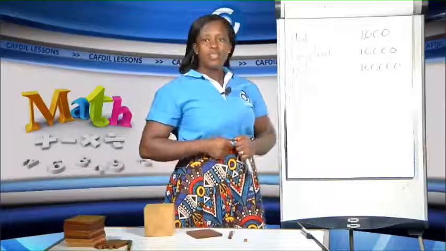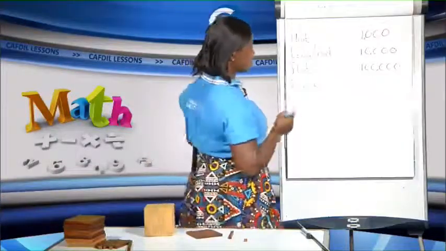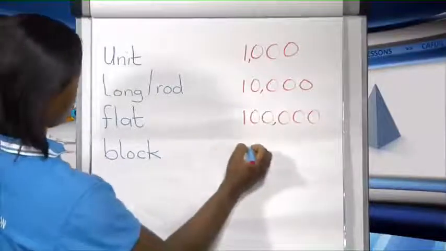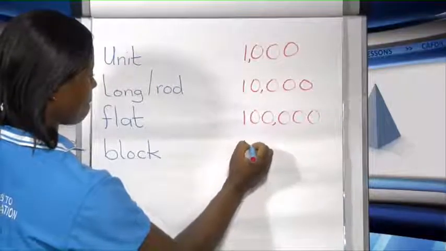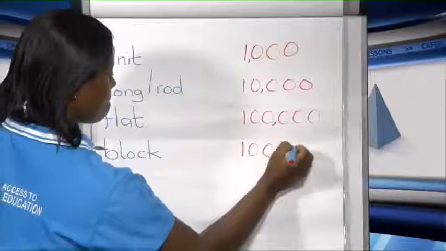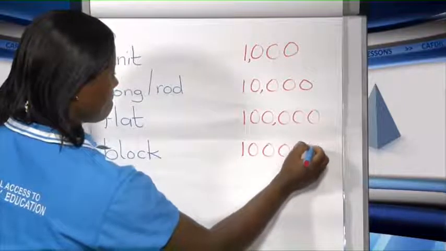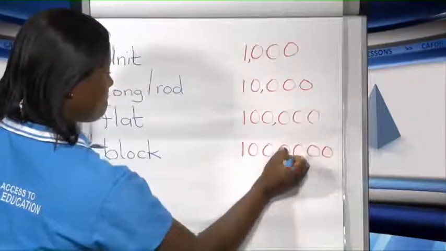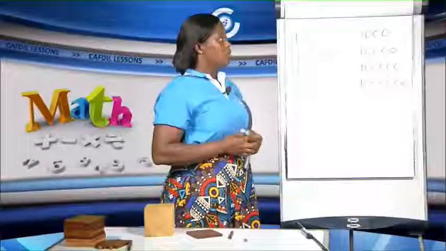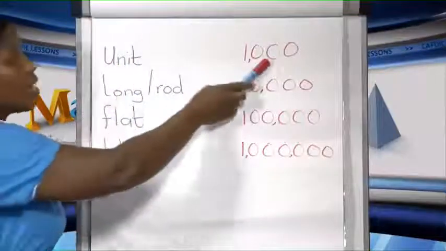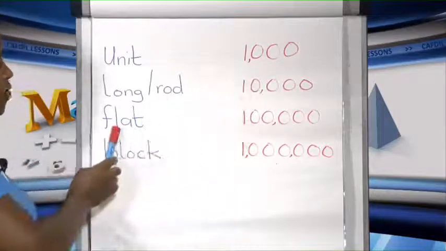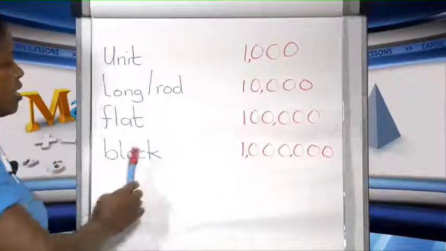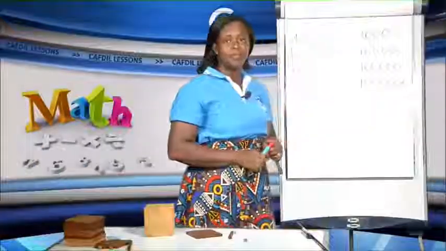And the last one, which is the block, will give us 1,000,000. So I want you to write the keys down. A unit is 1,000, a rod is 10,000, a flat is 100,000, and the block is 1,000,000.